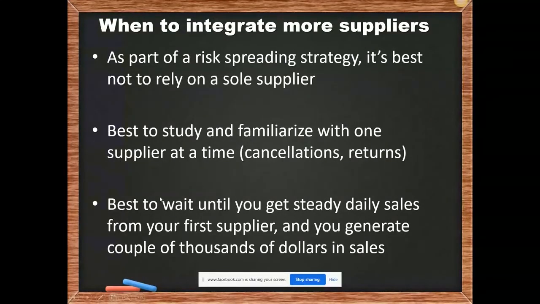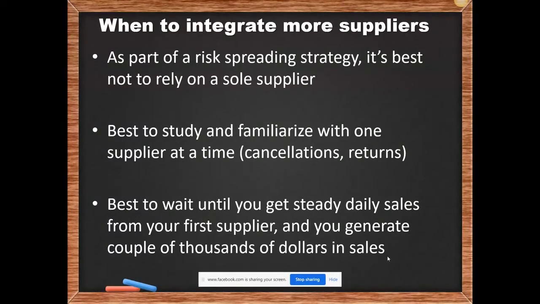Now it's best to wait until you get steady daily sales from your first supplier, and generate a couple of thousand dollars in sales. For example, if I started working with Amazon as my first supplier, I said I'm waiting to generate about $500 in sales before I open a new store.